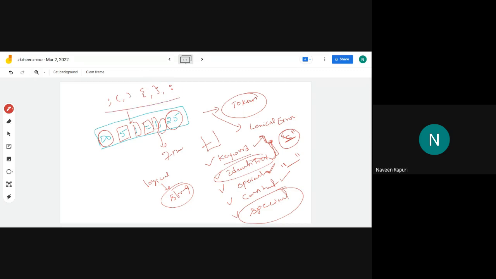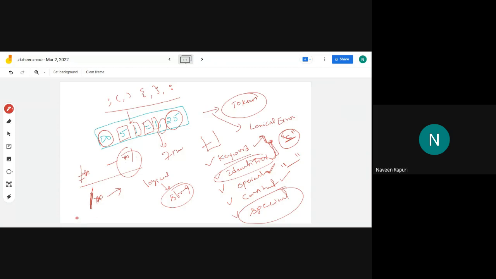All these are considered special characters. You need to remember that comments are not considered tokens. Suppose it starts with slash star but does not end with star slash, sir, that is a lexical error, because when it starts with slash star, it must end with star slash.